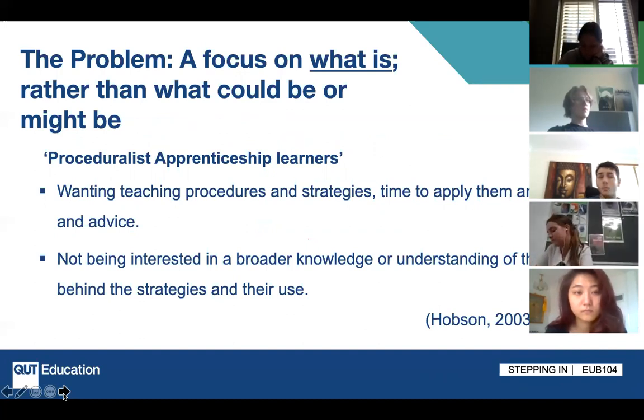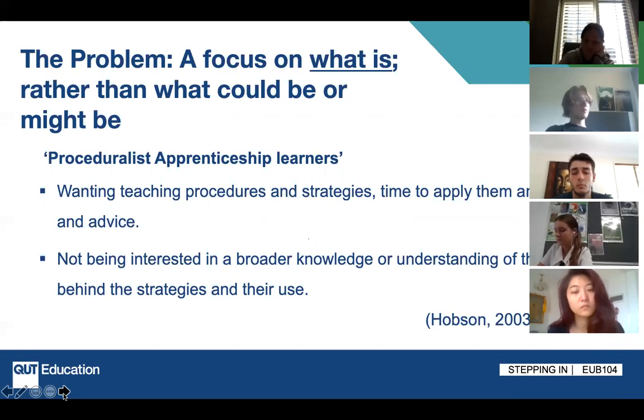So by that, Hobson, a UK researcher, presented findings from a study of pre-service secondary student teachers of their evaluations of their teaching studies, so their university studies.